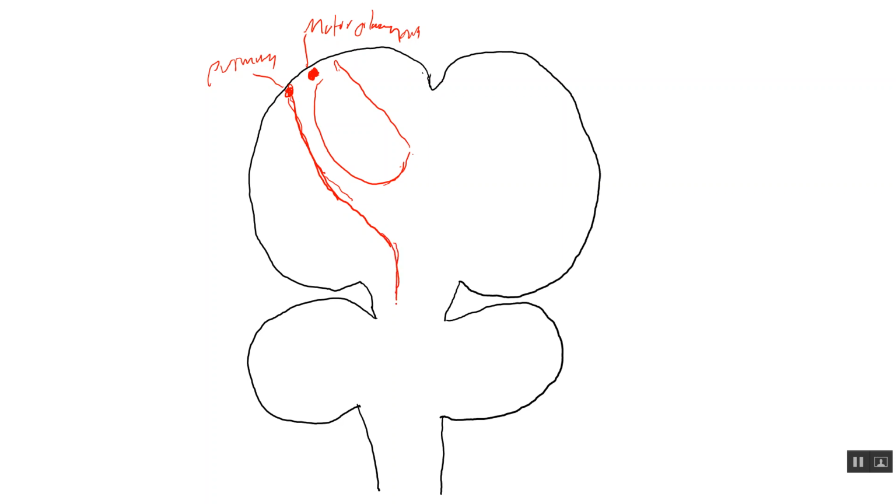It's going to come down the front part of your midbrain in the crus cerebri. And then once it gets to the pons, some of those will continue on, but a few fibers branch off and communicate with the pontine nuclei.